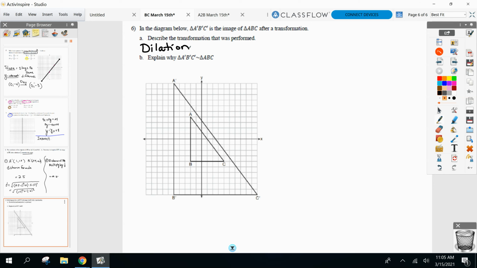Anybody finding the scale factor here? Everyone getting 2.5 or 5 halves? Yep, you make sure you got 2.5. Make sure it's not the smaller version because it's got to be bigger than 1.